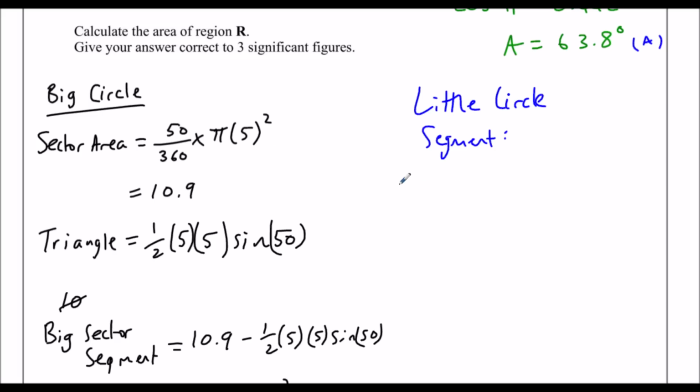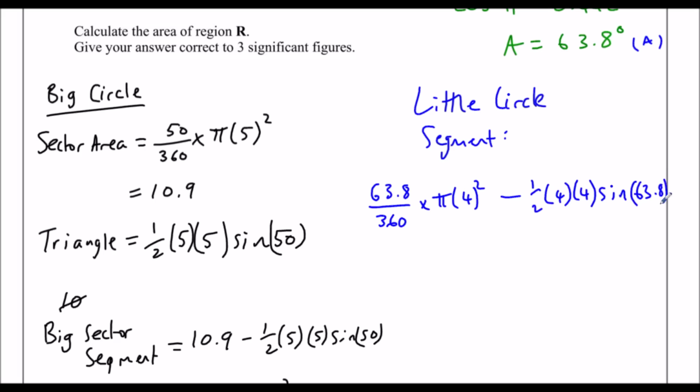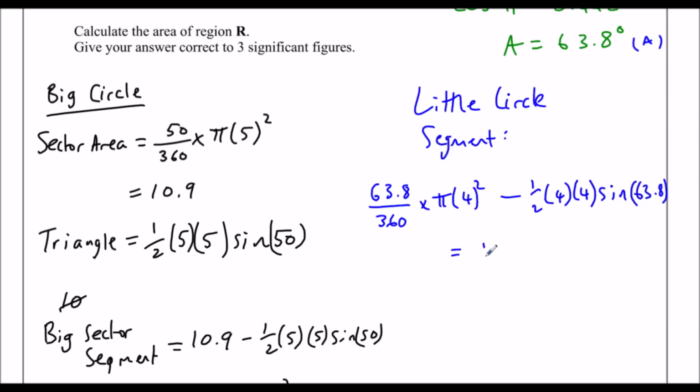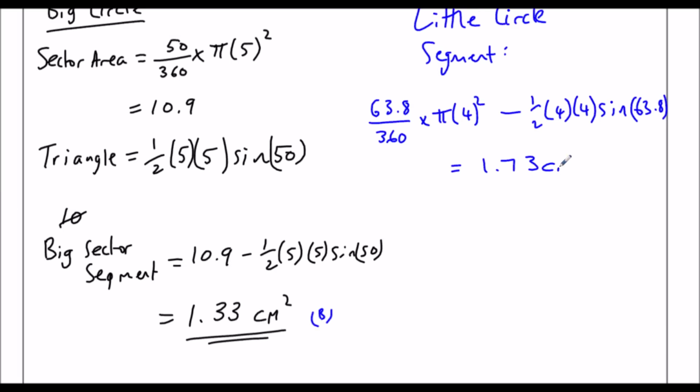So it's the area of the sector, 63.8 out of 360 times pi times the radius squared, minus the area of the triangle, half ab sin C. So we have A over 360 times pi times the radius squared minus half ab sin C, where the angle is stored as A. And that's 1.73, and again, that's in centimeters squared.